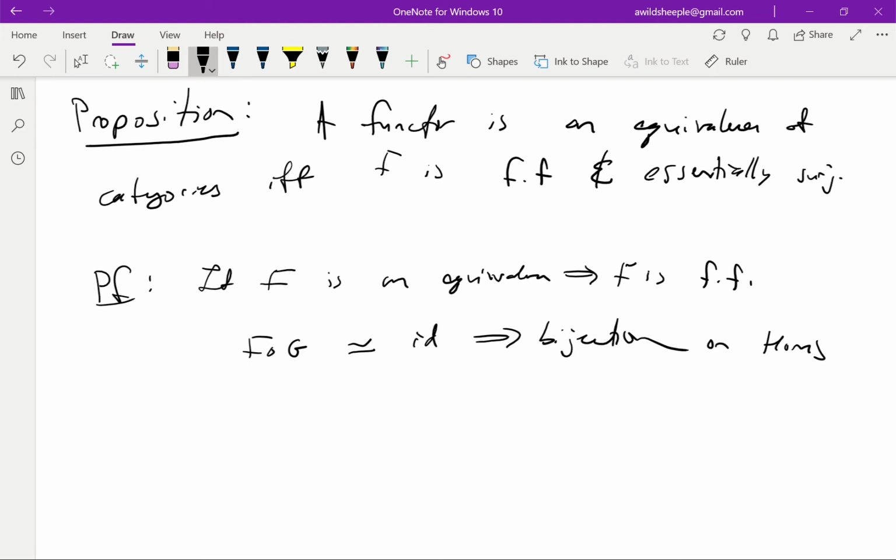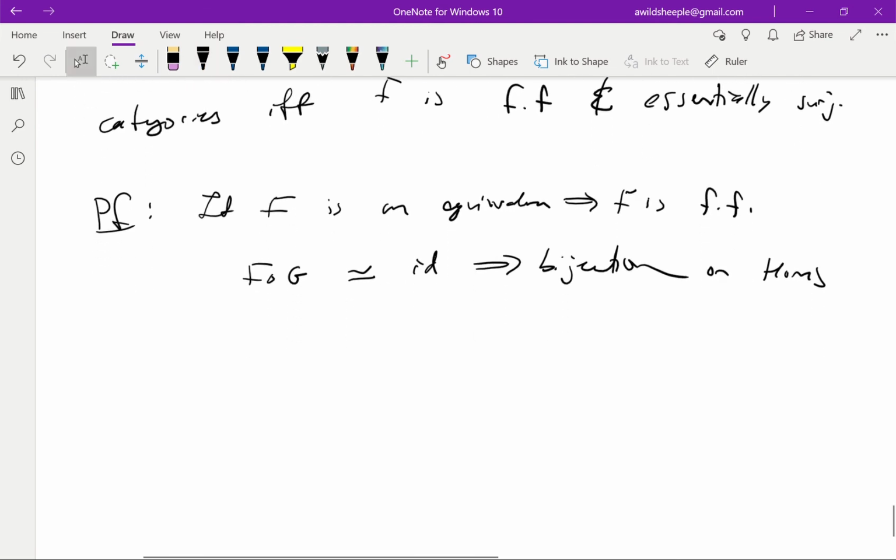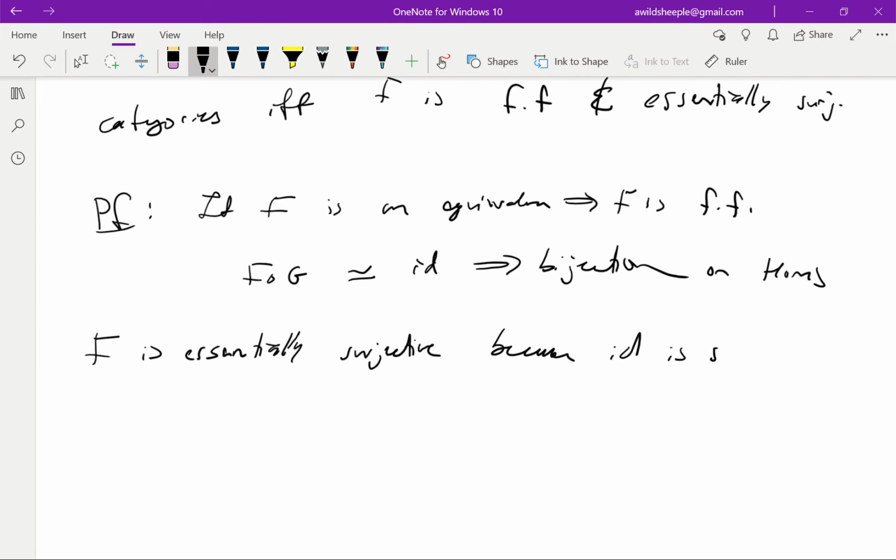Maybe I should say that a little slower. f is essentially surjective because we have this relation to the identity map, which is trivially surjective. And our natural isomorphism, while our functor here doesn't land us onto every single possible object, lands us onto every isomorphism class.